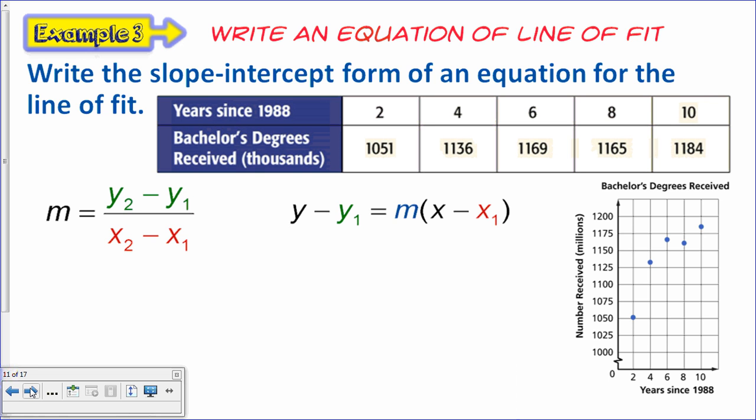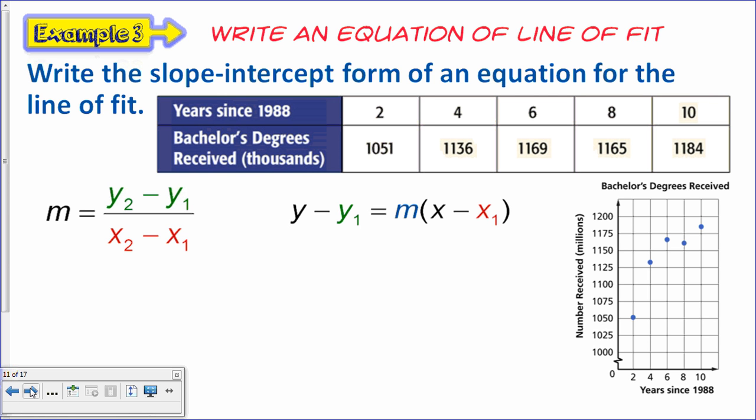Okay, example 3. Is this one in your book? I think one of the reasons I put this in there is because on the EOY test, instead of putting their tables vertically, they like to do them horizontally. Does this change anything about your data? No?